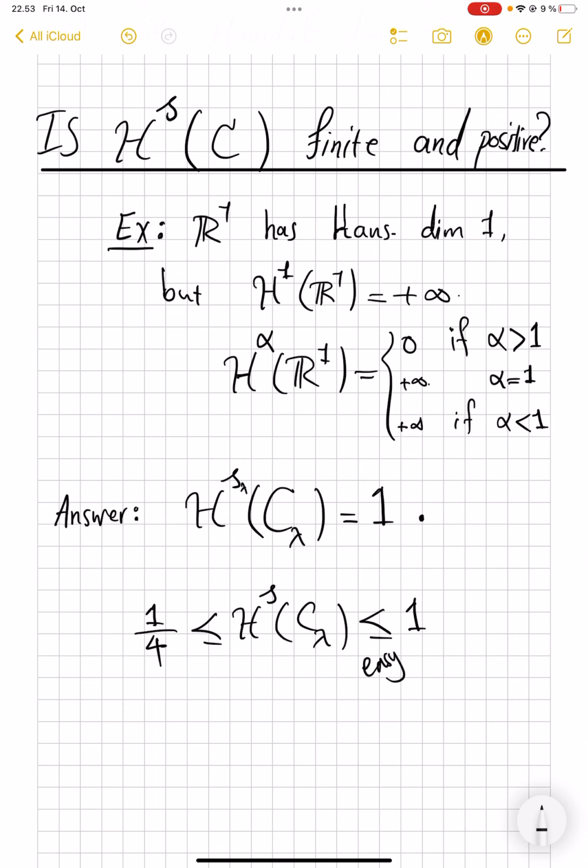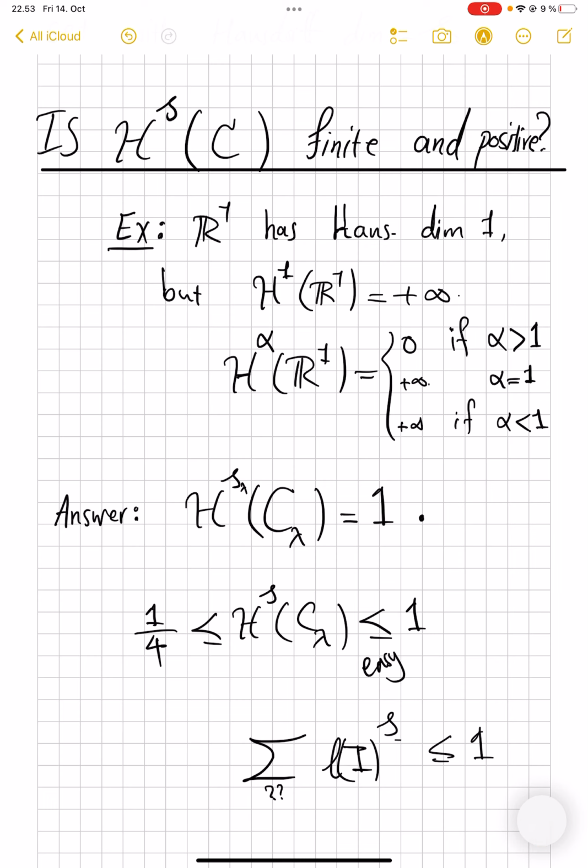You want to cover your set and just count, or you want to bound. Well, you cover by the same line segments that you construct the set with. Then you will have length of these to the power S, and this count here is exactly the right amount so that this is less than 1. So you get an upper bound.